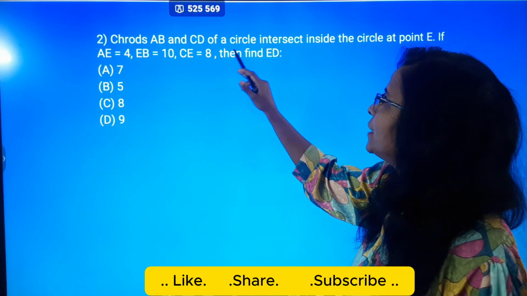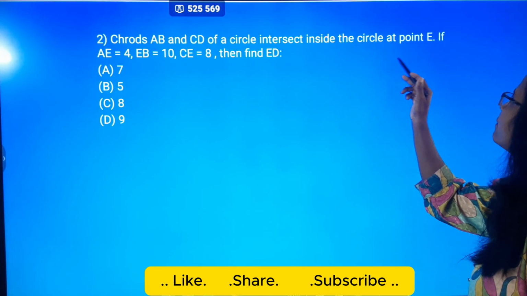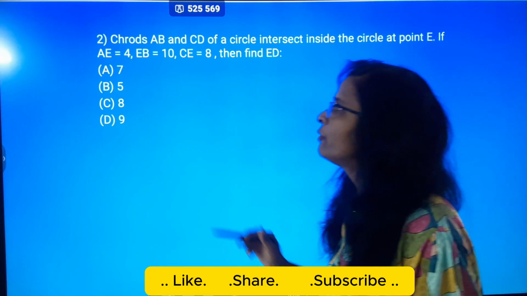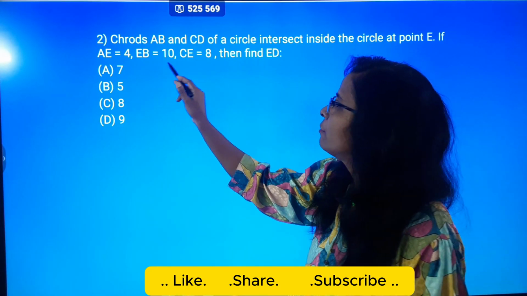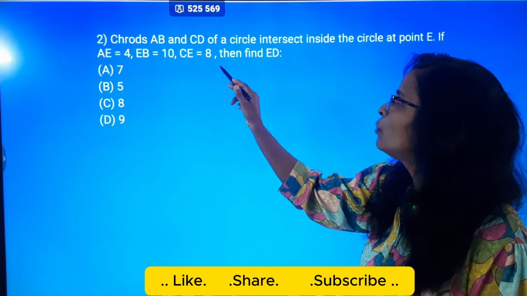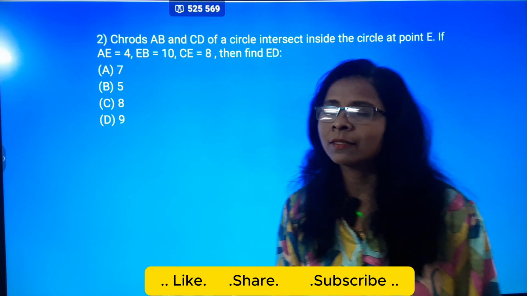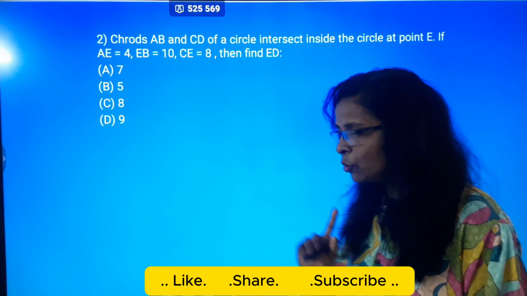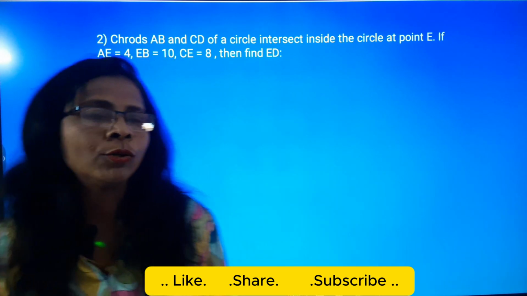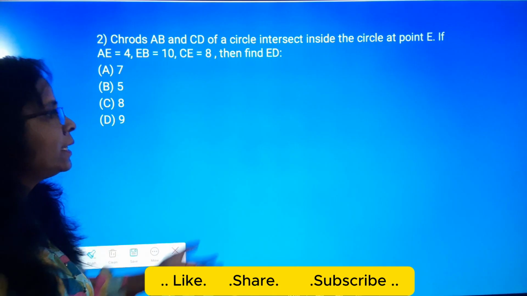Chords AB and CD of a circle intersect inside the circle at point E. If AE is equal to 4, EB is equal to 10, CE is equal to 8, then find ED. Now here students, we should draw the figure, then we can calculate easily.